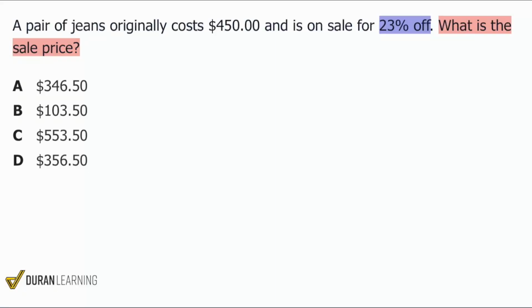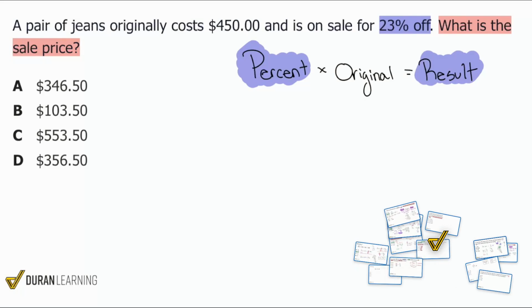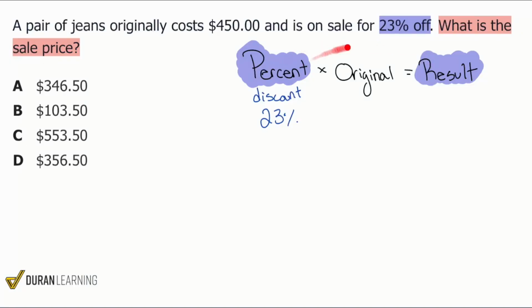Okay. Why does that matter? Well, the reason it matters is because when we think about our formula when it comes to percentages, the percent times the original equals the result. If we went ahead and plugged in 23% and this represents the discount, this won't get us the final answer because these two things, the percent and the result, they represent the same idea in whatever context you use it in.